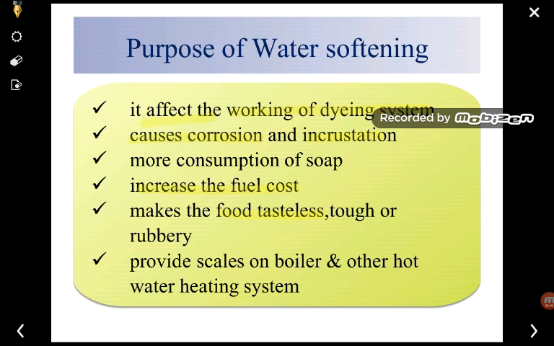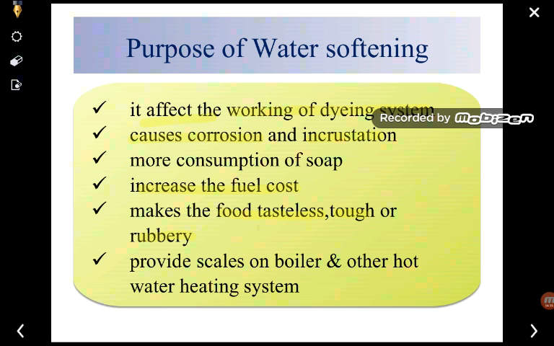Whenever you use hard water, it normally interferes with the taste, making the food tough and rubbery. Sometimes it also forms scales on boilers and other hot water heating systems.